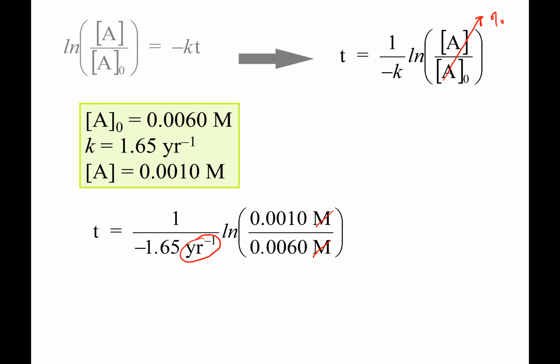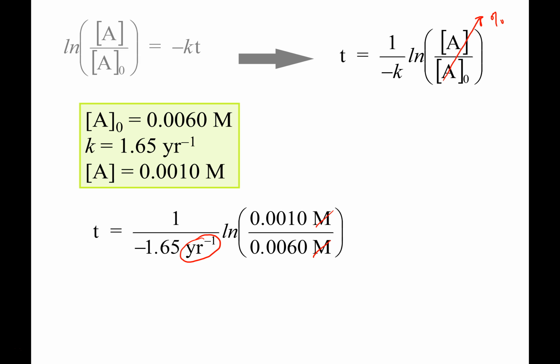I hit my ln key, which is on the same key as my e to the x power. Go figure. Begin parentheses. Oh, it already began parentheses. Take the ratio 0.001 by 0.006. Enter.